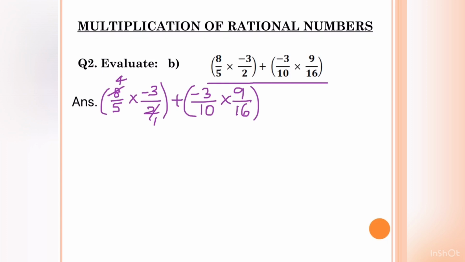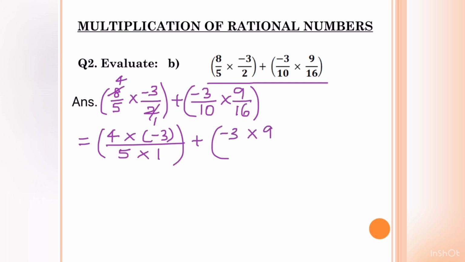So now this expression is equal to, in the first bracket we have 4 times minus 3 in the numerator, by 5 times 1 in the denominator, plus, in the second expression we have minus 3 times 9 in the numerator, by 10 times 16 in the denominator.